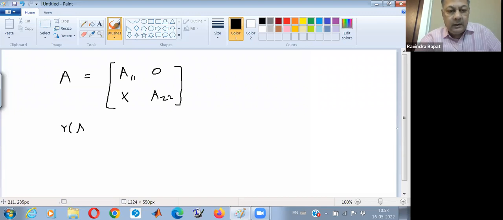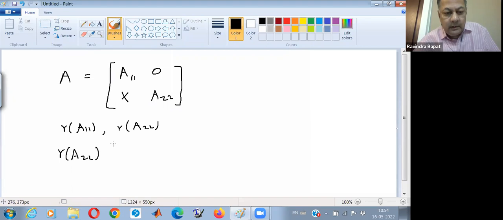Then R(A11), spectral radius of A11, and spectral radius of A22 are the only eigenvalues of A which can have a non-negative eigenvector, and R(A22) has a non-negative eigenvector always.